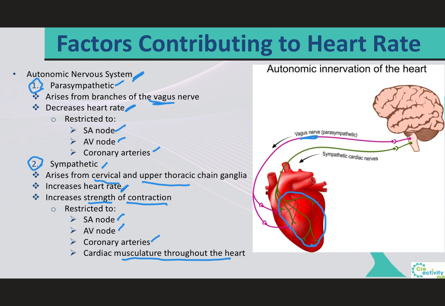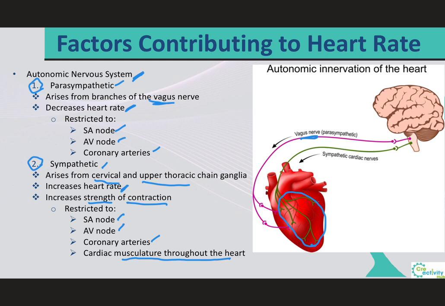In other words, these centers will respond very quickly to the changes in the blood pressure, to the amount of dissolved oxygen and carbon dioxide that are present in the arterial blood.